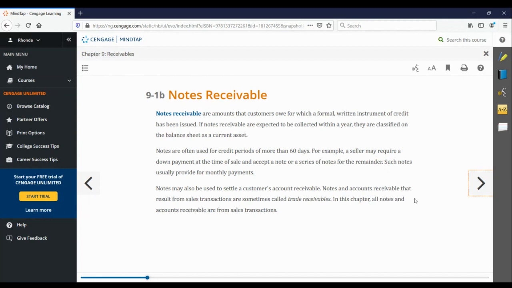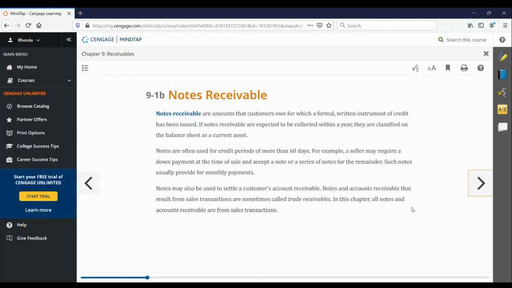What we're going to be using notes receivable for in this chapter is that we might use a note receivable to settle a customer's account receivable. So if you've established a customer's account receivable and you find out that the customer cannot pay you on the due date, you may extend the due date of the account by giving them a note in exchange for that account.